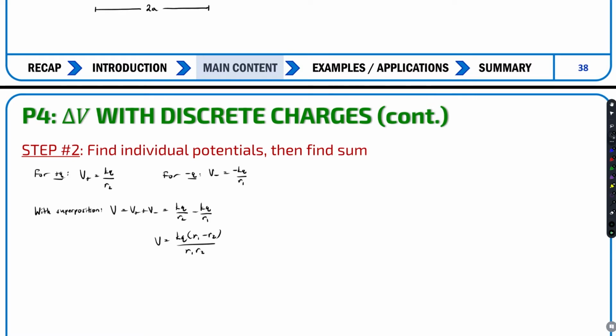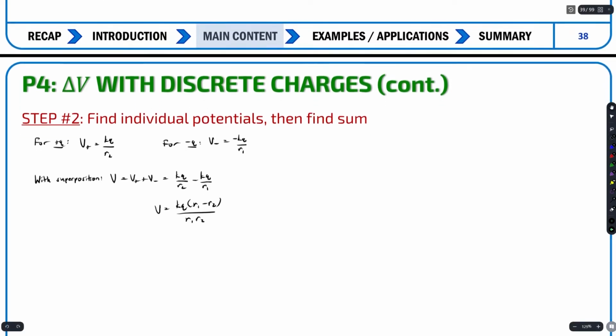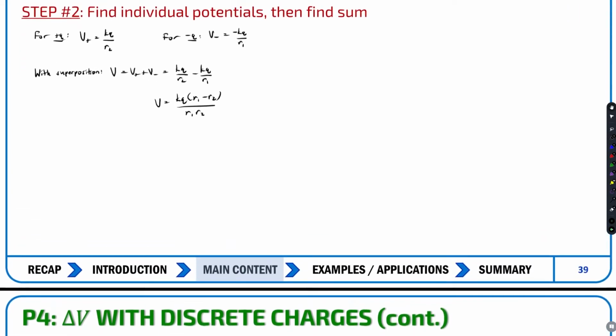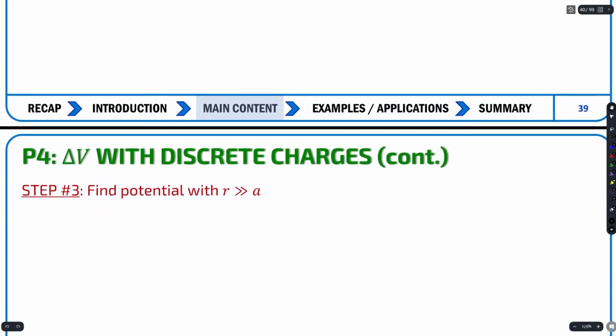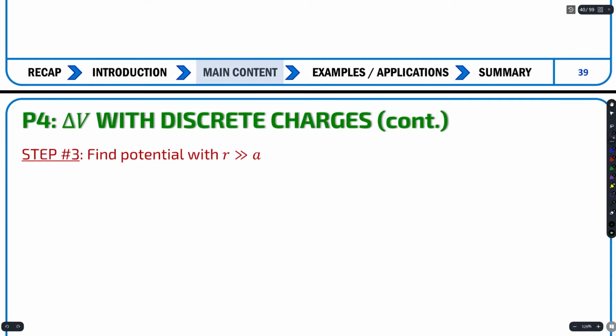The next thing is to find the potential when r approaches infinity, or when r is much greater than a. So let's go down here. When r is much greater than a, then r is going to approach infinity.